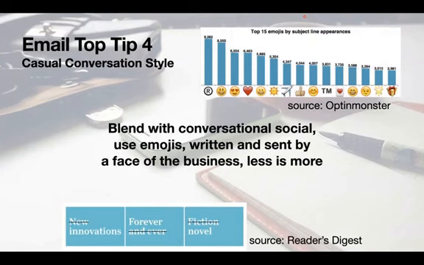I really like the way that they use that conversational, real person-to-person approach within the tone of voice and within the sign-off and actual signature of the email. So it really feels like you're conversing with a person.